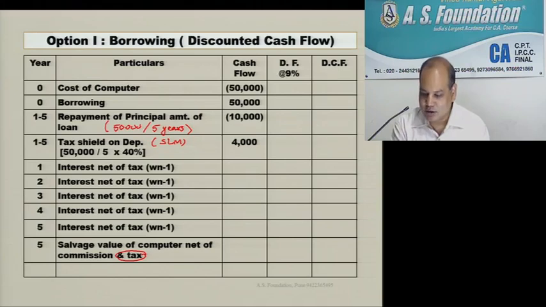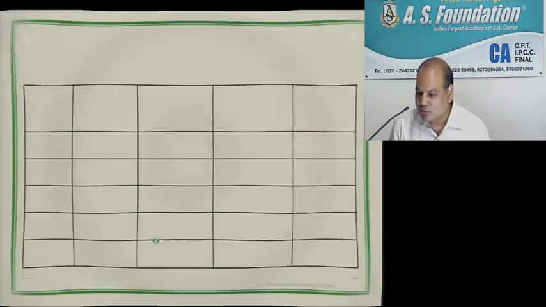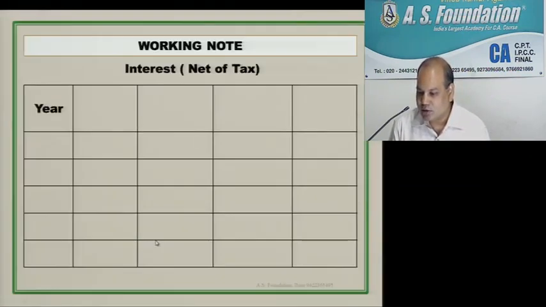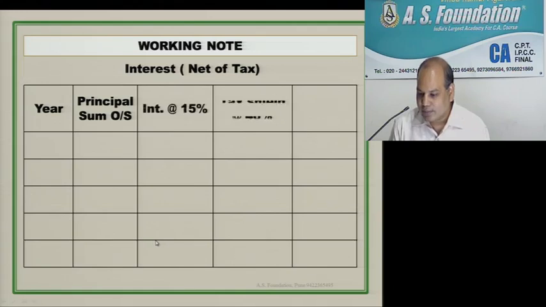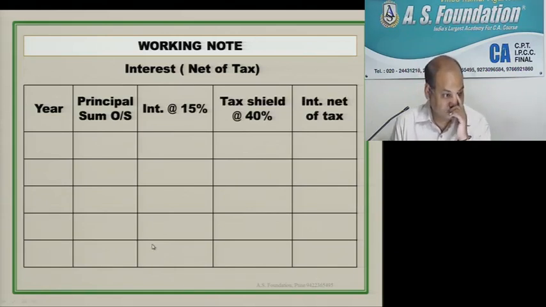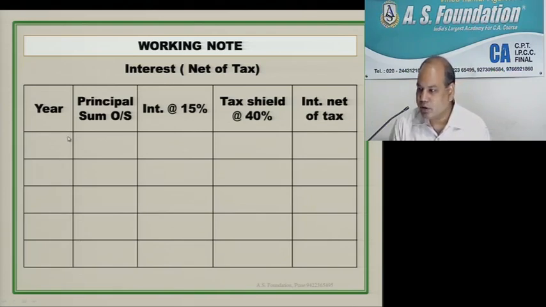Now, working note number 1. What is working note 1? Calculation of interest net of tax. First write down year. Second write down principal sum outstanding.